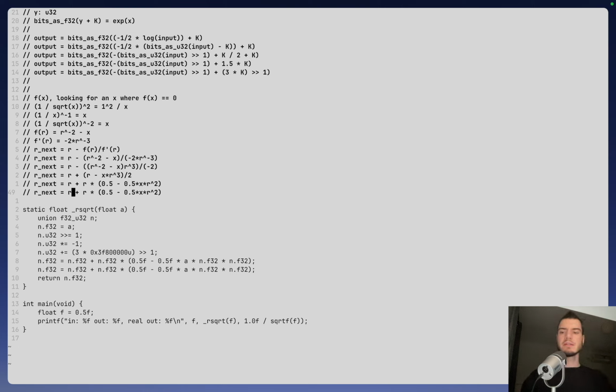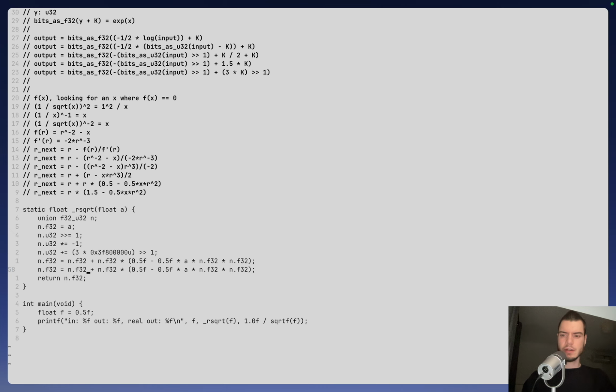So I think we can rewrite this as r times 1 plus 0.5 minus the rest. Yeah, okay, this should work. So then we have r times 1.5.